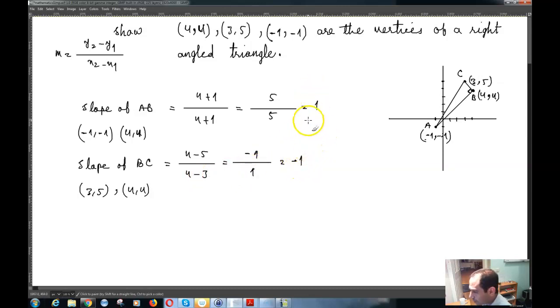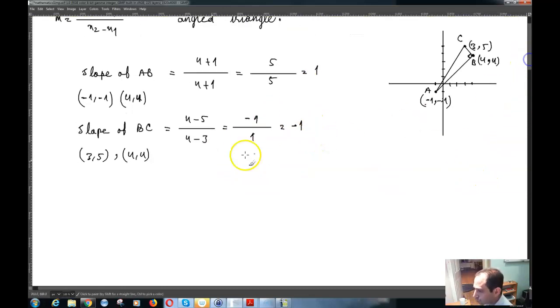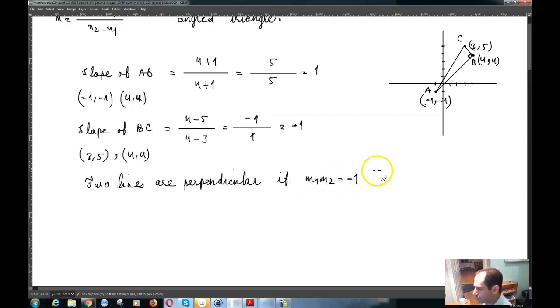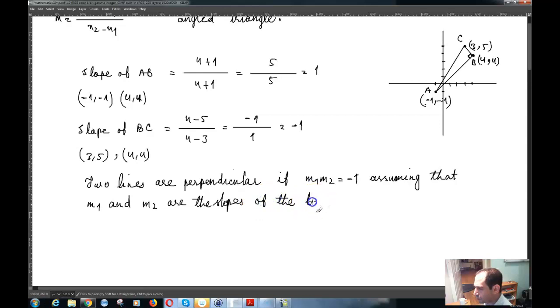Now, we said that basically if two lines are perpendicular, m1 m2 is equal to -1, assuming that m1 and m2 are the slopes of the two lines respectively.